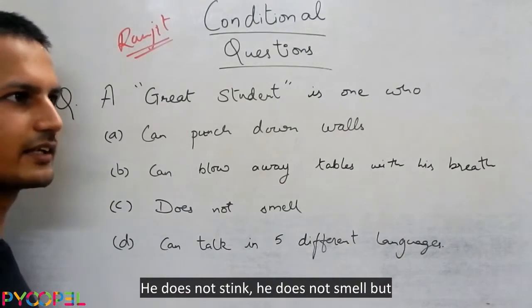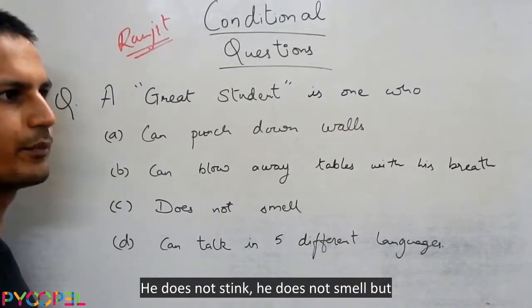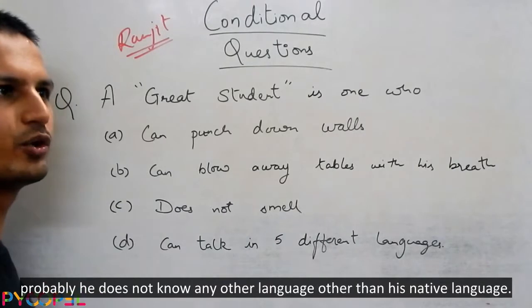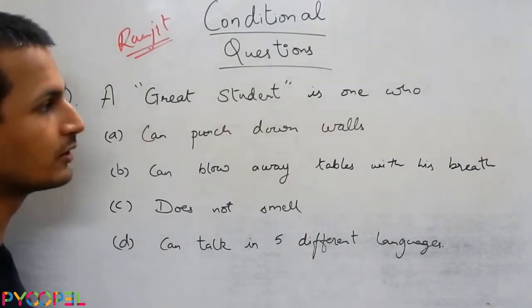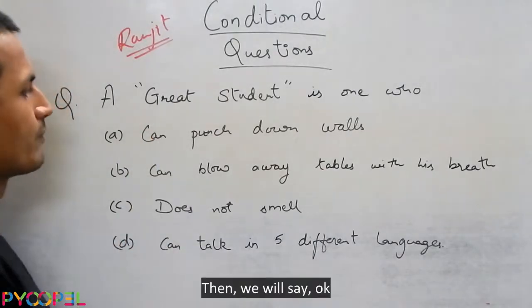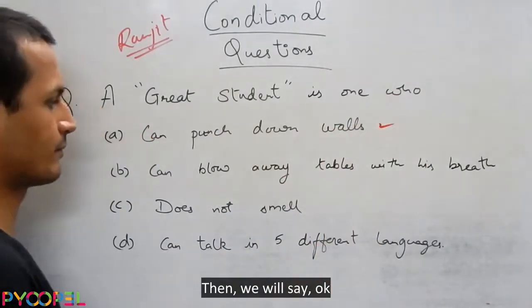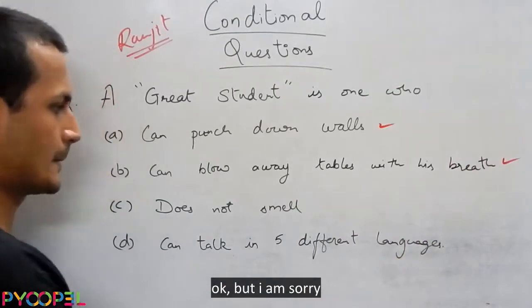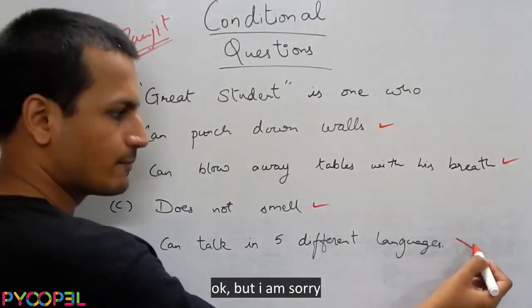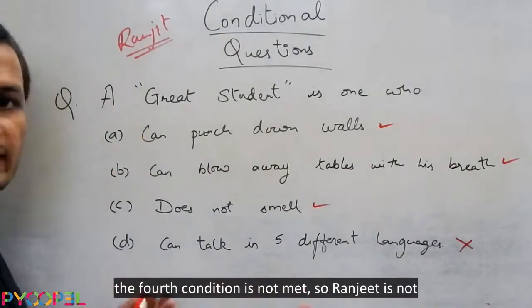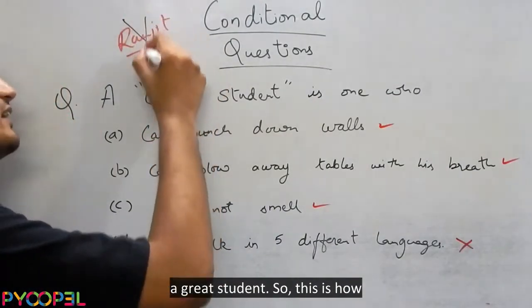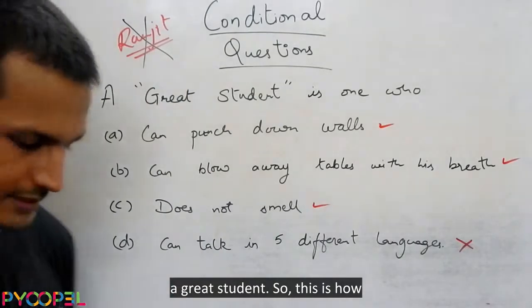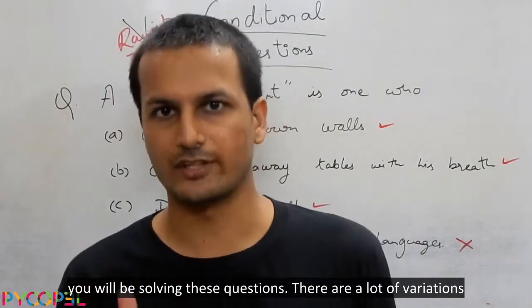He does not stink, he does not smell, but probably he does not know any other language other than his native language. Then we'll say, okay, oh, but I'm sorry. The fourth condition is not met, so Ranjit is not a great student. So this is how you'll be solving these questions.